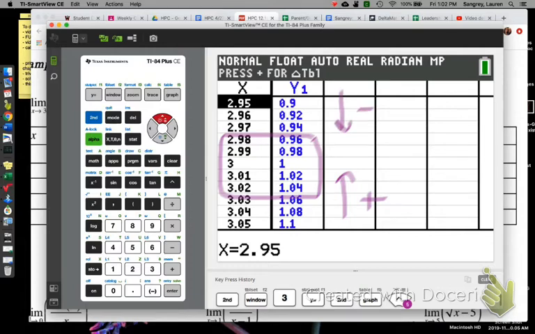This one's a pretty clear example that we are approaching 1 from the right and we're approaching 1 from the left. And if I asked you to evaluate f of 3, the evaluation would be that y equals 1. So for your notes, the limit does equal 1 for number 1.